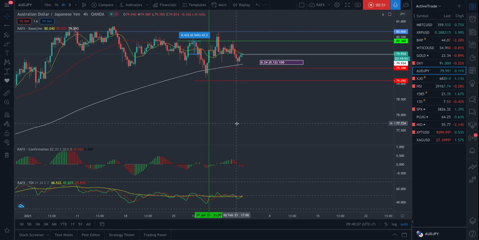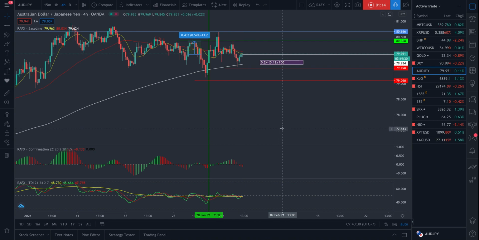So initially today I had done my usual filters for every market. Today I'm going to show you the forex market and pair, which is the AUDJPY pair for the trade.